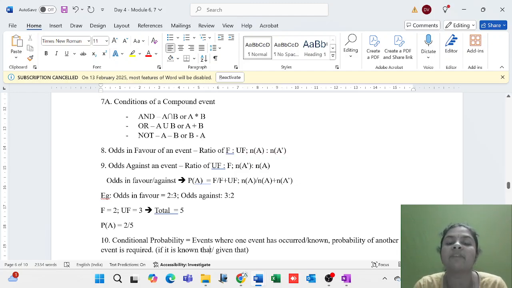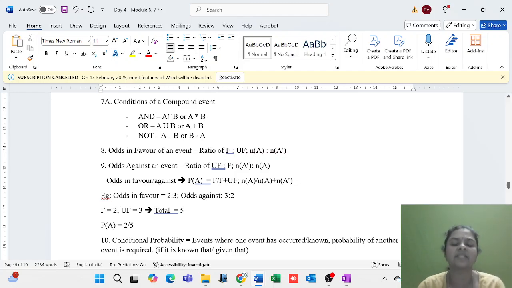Therefore, odds in favor can be written as 3 is to 4. I repeat, 3 by 7 is given as the probability, means 3 is the favorable outcome, 7 is the total outcome. Therefore, unfavorable is 7 minus 3, which is 4. So, odds in favor can be written as 3 is to 4.